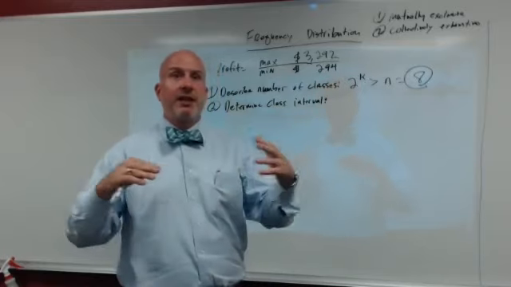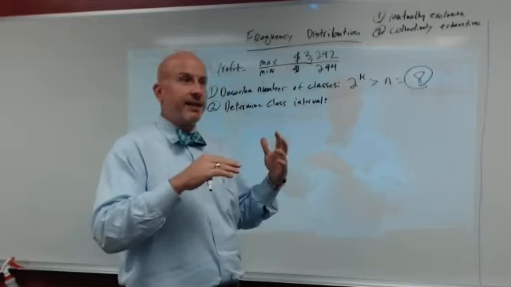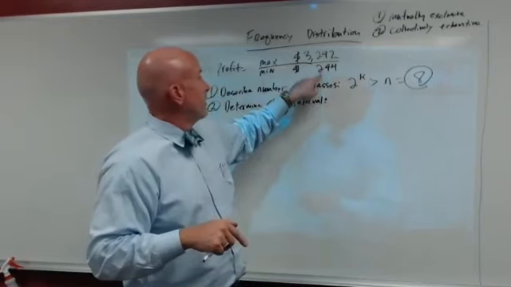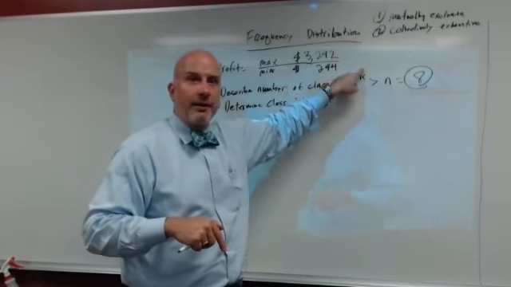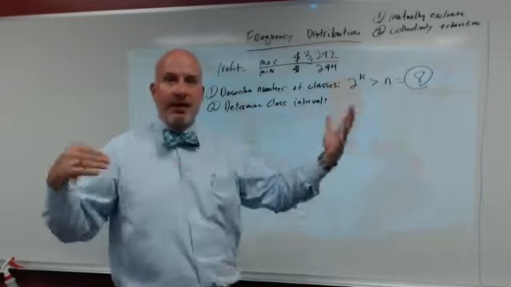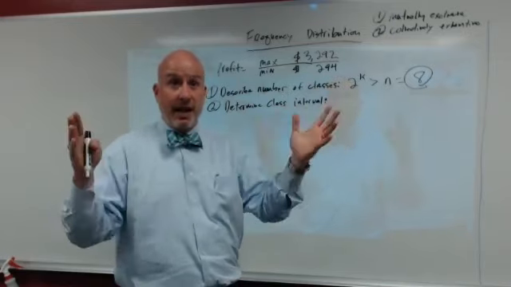Make sure you use clear numbers. For instance, if you're setting your interval at $100, you wouldn't want to say 200 to 300 and 300 to 400, because where would you classify 300? It could be in either class.